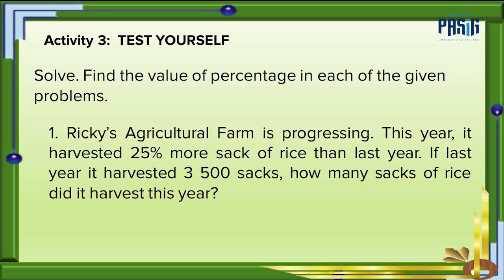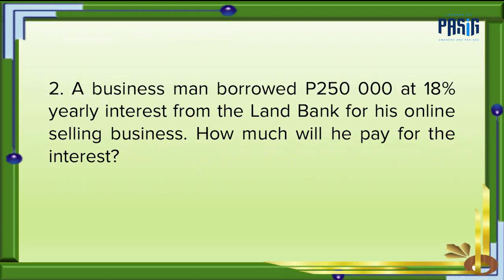If last year it harvested 3,500 sacks, how many sacks of rice did it harvest this year? Problem number 2. A businessman borrowed 250,000 pesos at 18% yearly interest from the Land Bank for his online selling business. How much will he pay for the interest? Take note, in answering these problems, you should always consider the formula: percentage is equal to base times the rate.